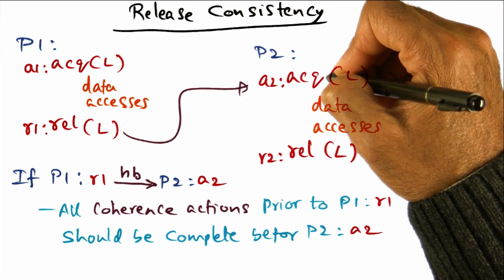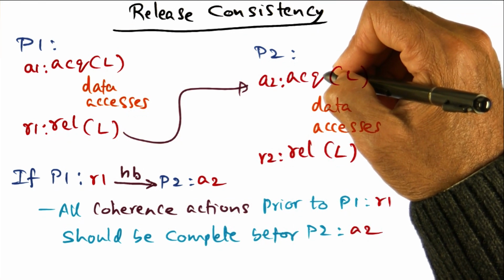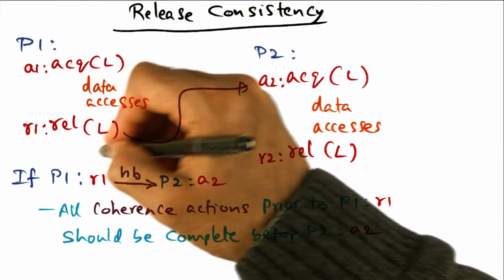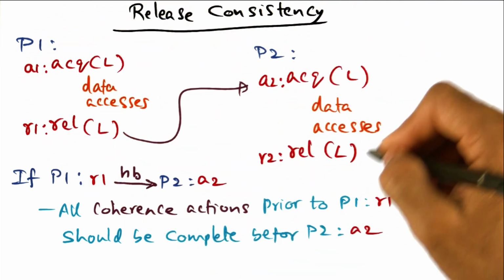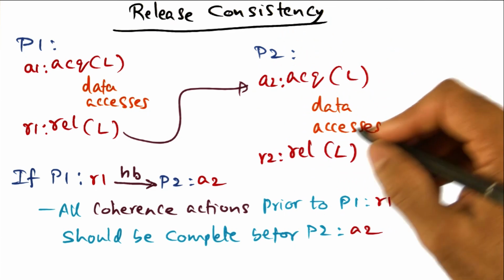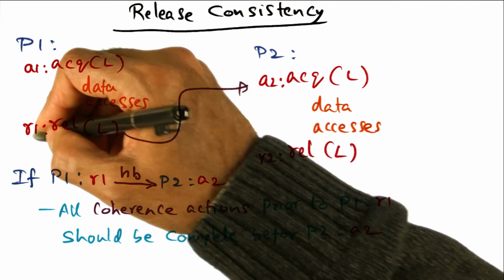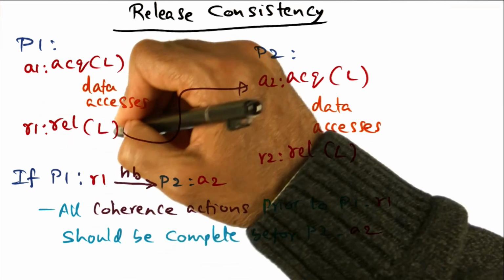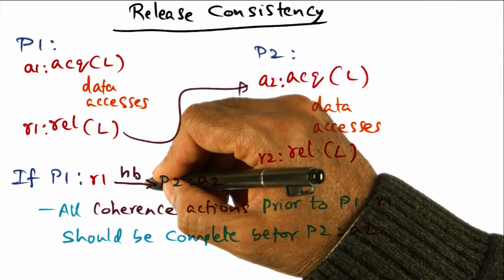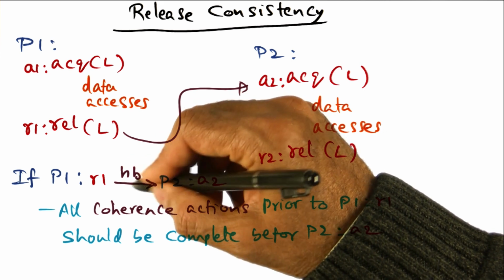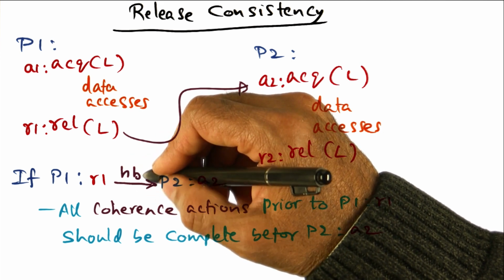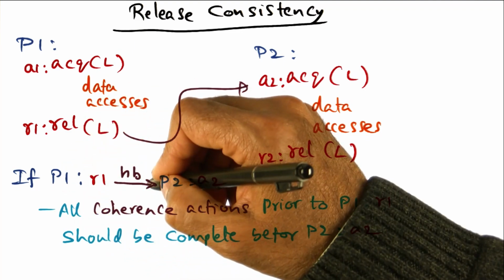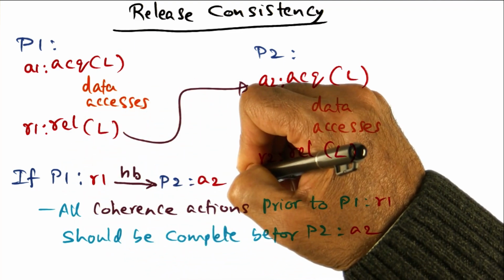If the same lock is used by some other processor P2, and if the critical section of P1 preceded the critical section of P2, or in other words, P1's release operation, P1 R1, happened before, this must be familiar to you from our discussion of Lamport's logical clock, P1 R1 happens before P2 A2.